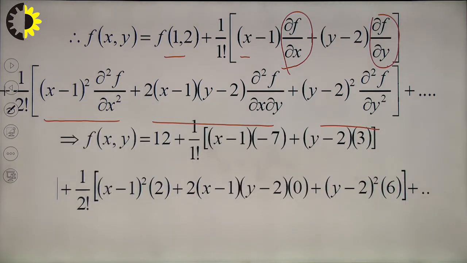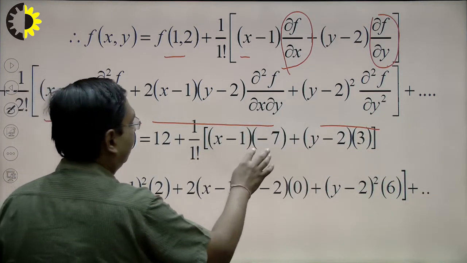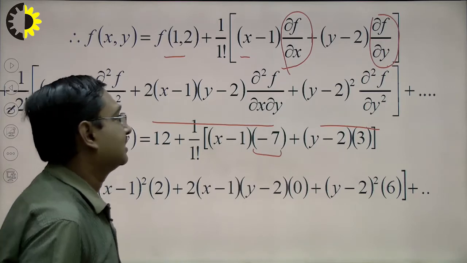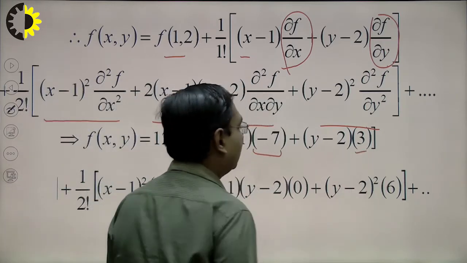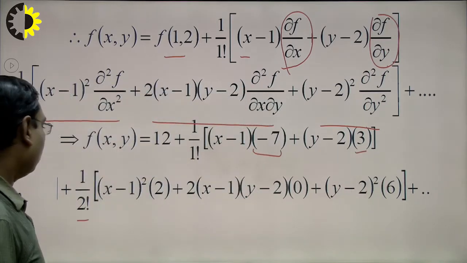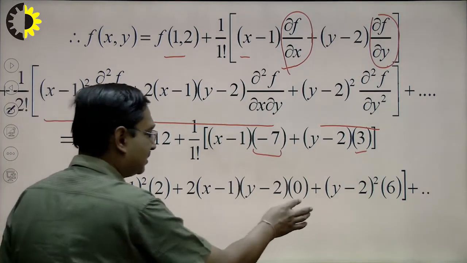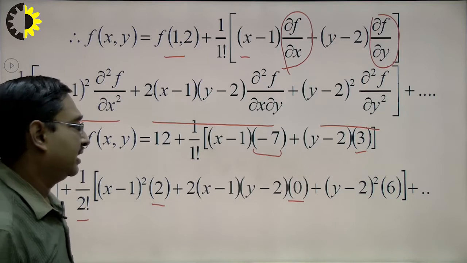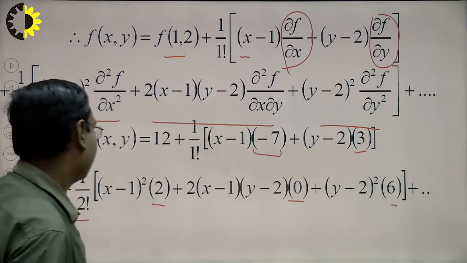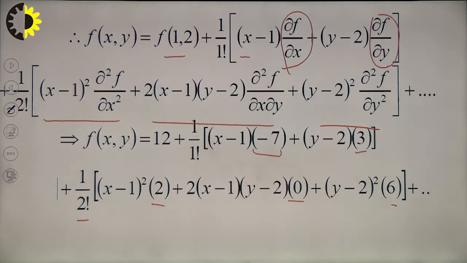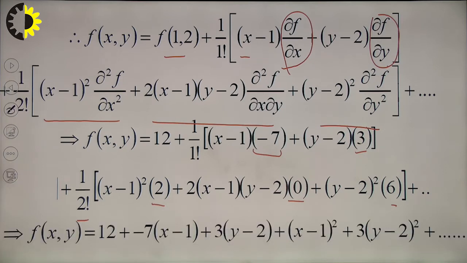Substituting these values, I obtain (x minus 1) times minus 7, (y minus 2) times 3, 1 upon 2 factorial (x minus 1) whole square times 2. This was 0, so 0 will be multiplied in the second term, and similarly 6 from here. This can be further simplified.